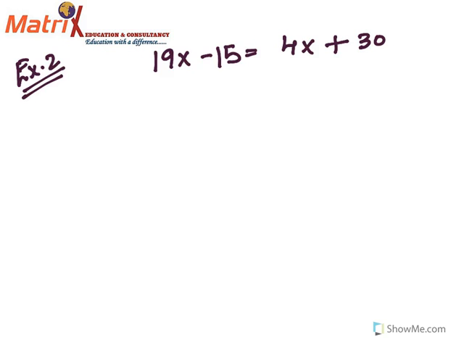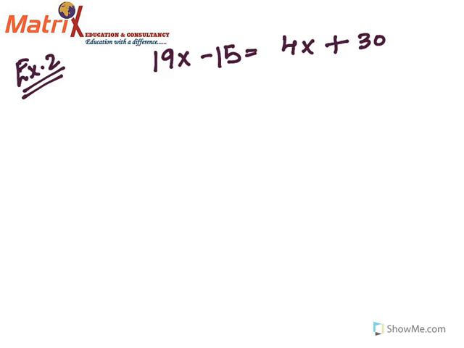We have another example on the board, and it says 19x minus 15 is equal to 4x plus 30. Now, what are the steps? Step number 1, combine like terms. What are the like terms? The x terms and the non-x terms. We can do it directly, but we will learn gradually.